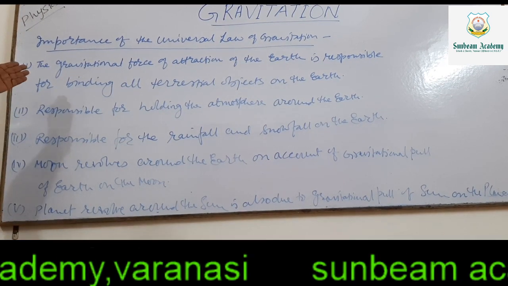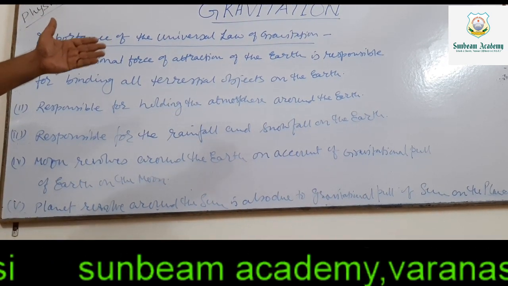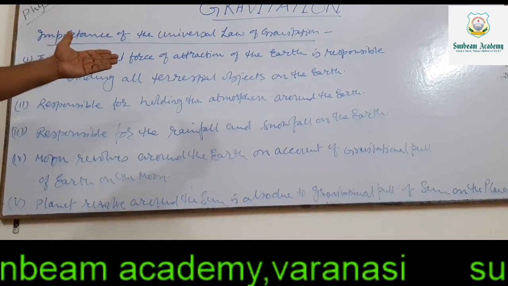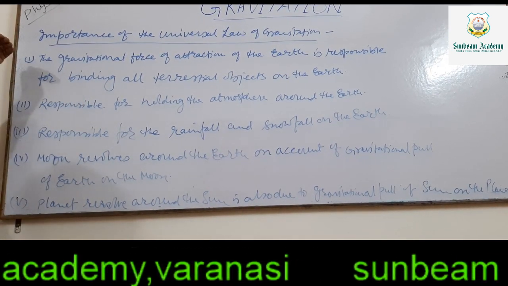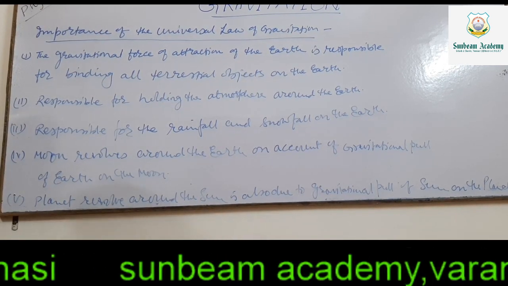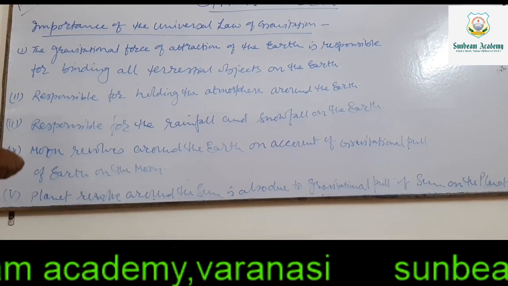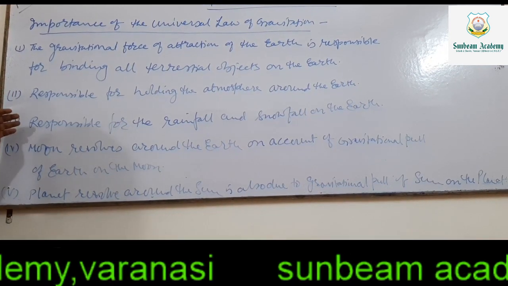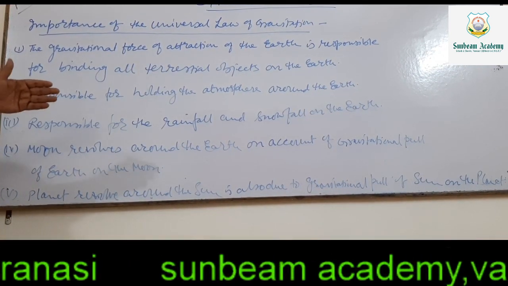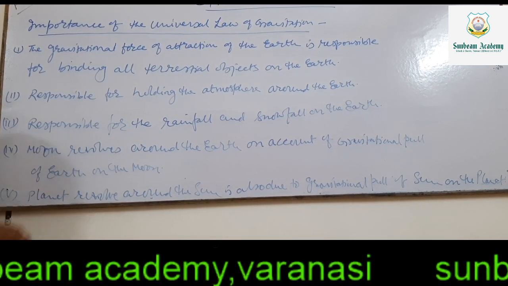That is, the gravitational force of attraction of the earth is responsible for binding all the terrestrial objects on the earth. Second, gravitational force is responsible for holding the atmosphere around the earth. Third, it is also responsible for the rainfall and snowfall on the earth. The moon revolves around the earth on account of the gravitational pull of the earth on the moon.